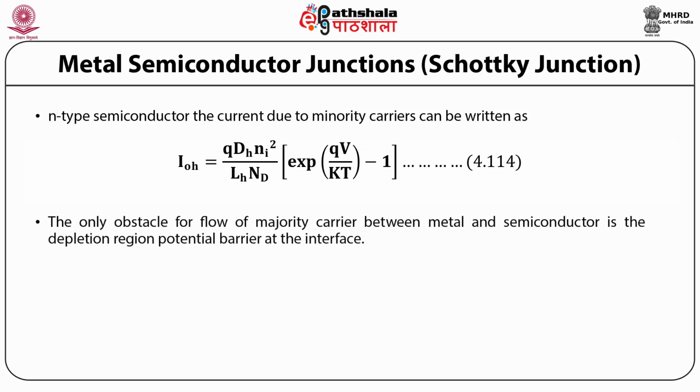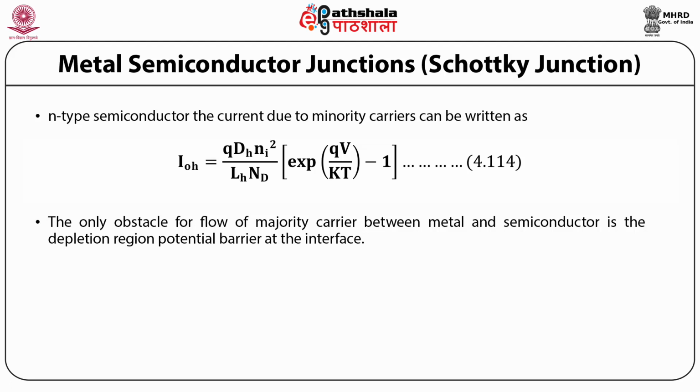The only obstacle for the flow of majority carriers between the metal and the semiconductor is the depletion region potential barrier at the interface. The height of the depletion region at the interface varies with the applied voltage.